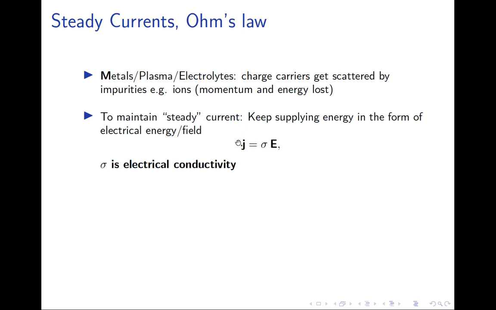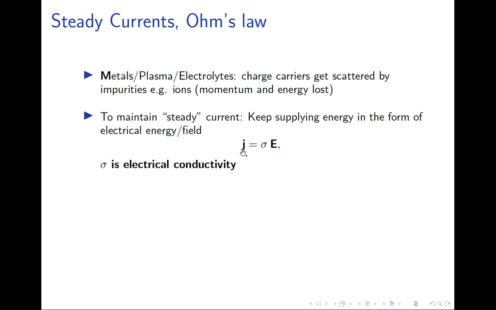Most of you who have not read Griffiths at this point will not be familiar with this quantity J. Remember, current density is the amount of charge flowing per unit time per unit cross-sectional area of the flow. So if you have a current going in the x direction, then the amount of charge flowing through the YZ plane, per unit area of the YZ plane, is the current density. So it's always charge per unit time per unit normal cross-sectional area.